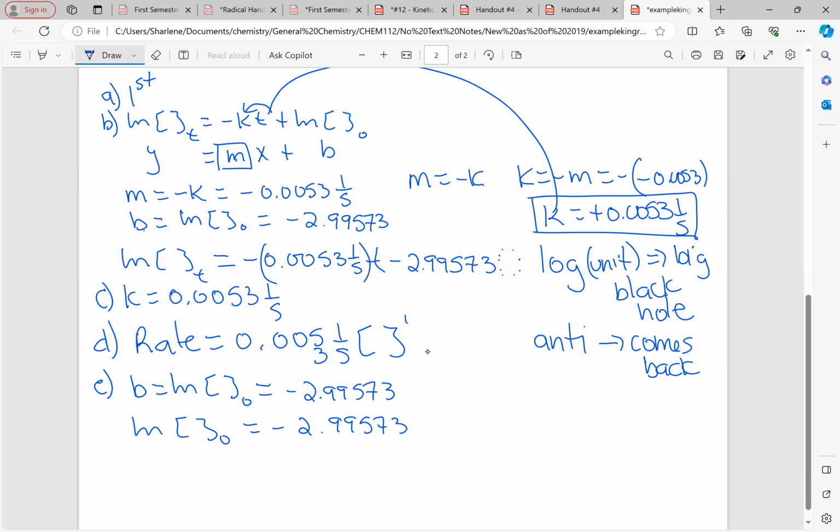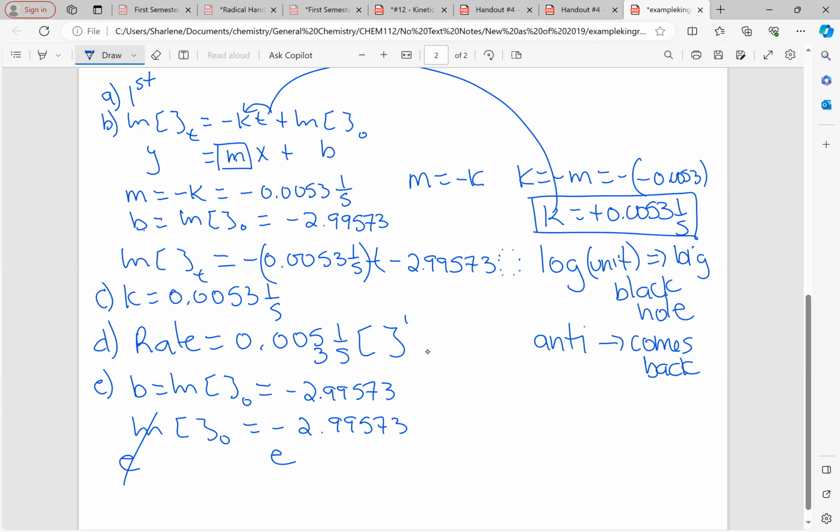And the way to get out of a log, for natural logs, you take the e of it. You take the anti-log. So those two go away, and I need to plug that in. And remember what I told you about units? This is an anti-log, and so magically, the unit is going to come back. And this was a concentration, so the unit of molarity is just going to magically reappear.